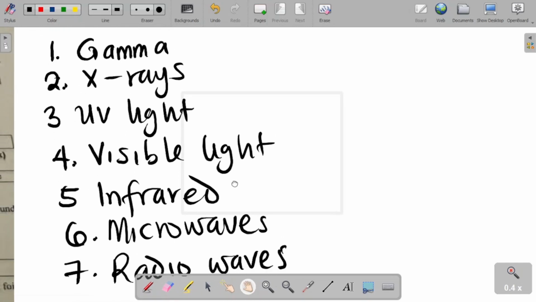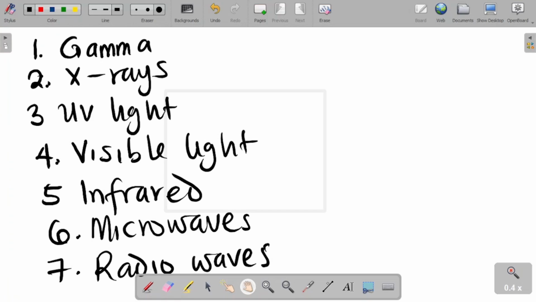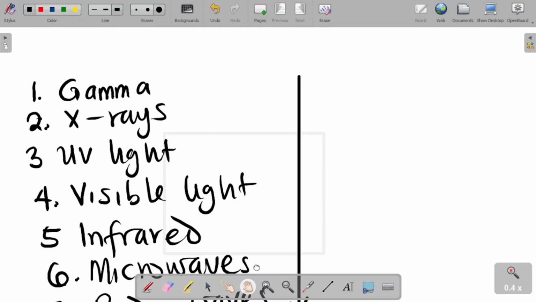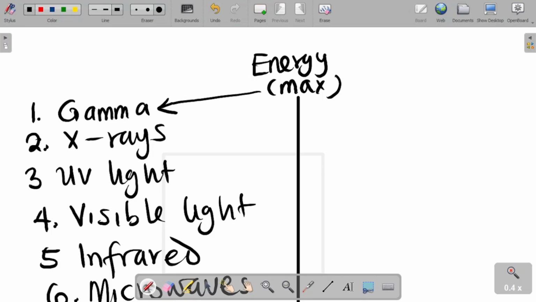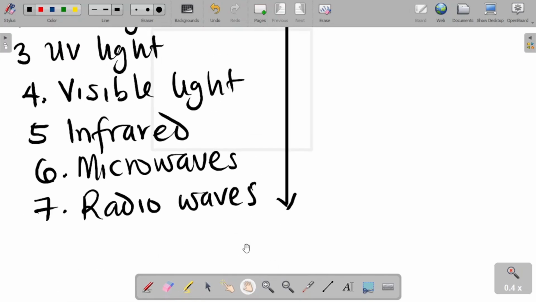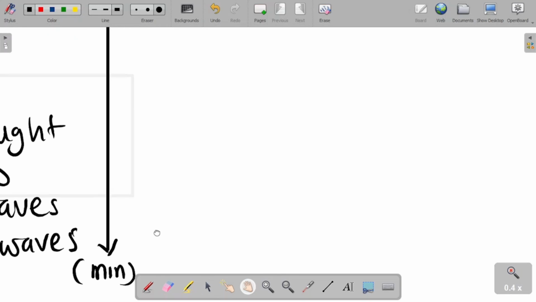So if you look at energy from here, in terms of energy, the maximum energy is possessed by gamma rays, while the most minimal energy is possessed by radio waves. So that's what's to note. That's one. Number 2 is wavelength. In wavelength, it becomes the opposite.